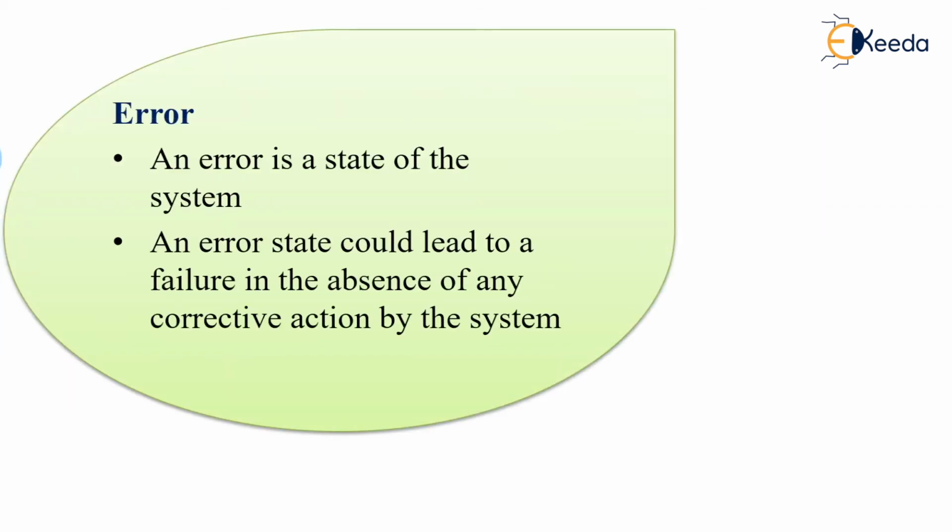Now the next terminology is the error. What is an error? An error is a state of the system which could lead to a failure in the absence of the correct measure.